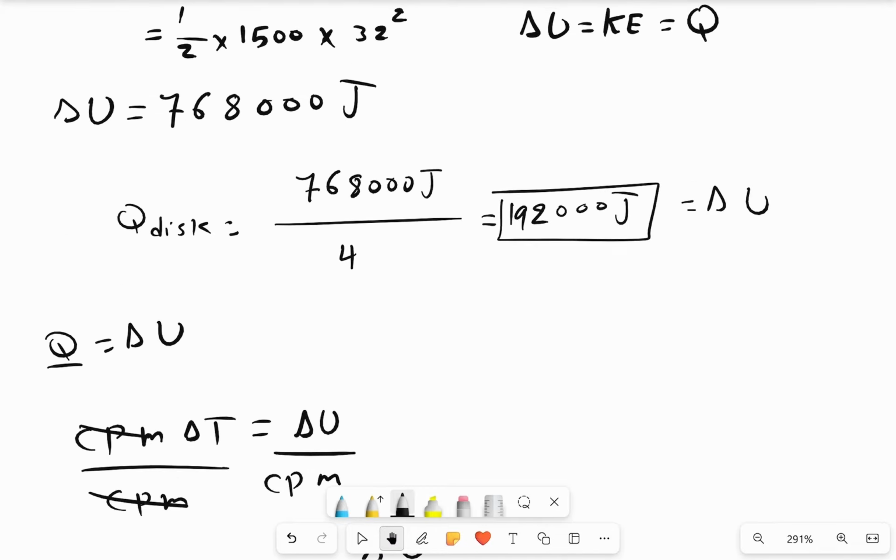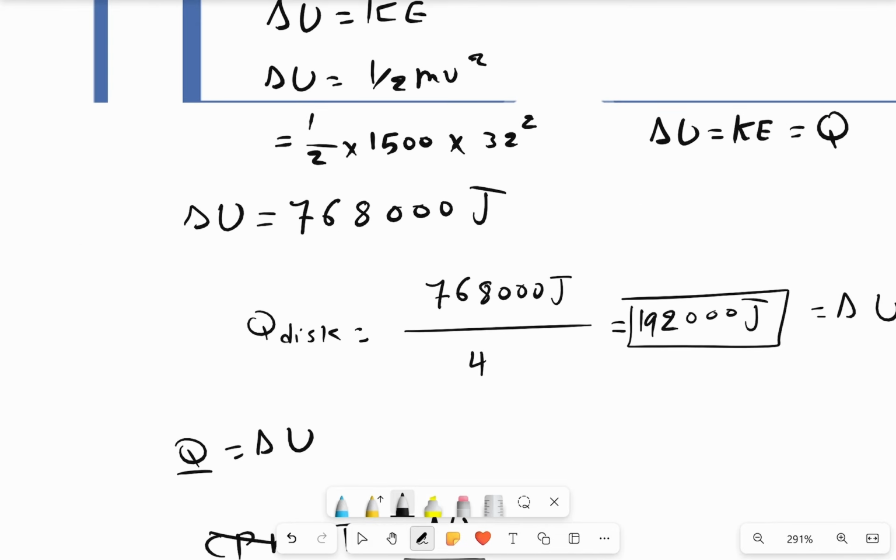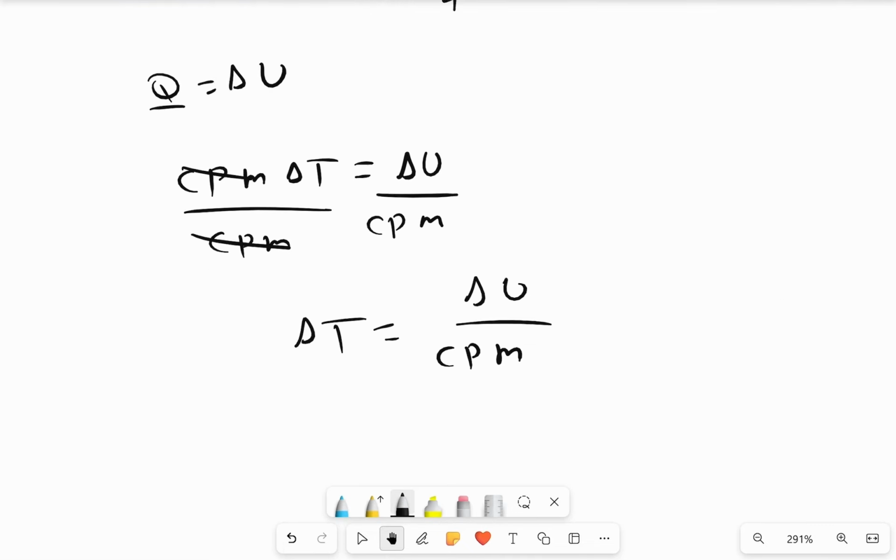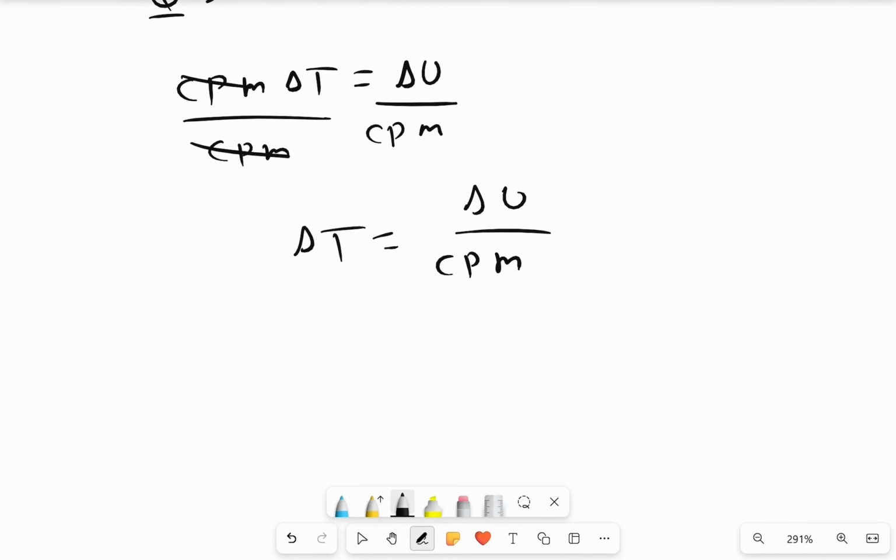First of all, let me explain something else. Here we used the mass of the automobile, which is equal to 1,500, because here we are given the speed of the car. But in the other one, we're going to use the mass of the brake pads.